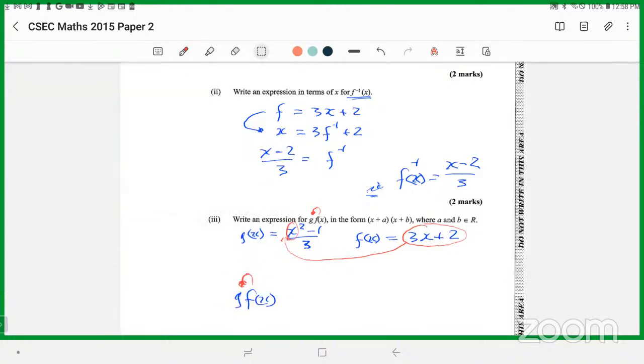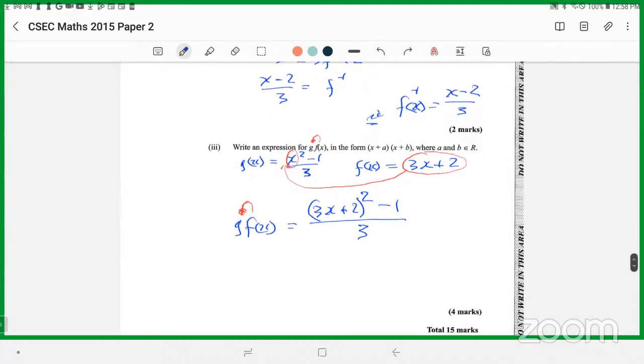So with that substitution, we're going to get 3x plus 2 all squared minus 1 over 3. But the question said they want the answer factorized. So we're going to expand it out and simplify and factorize. Let's see what we get.